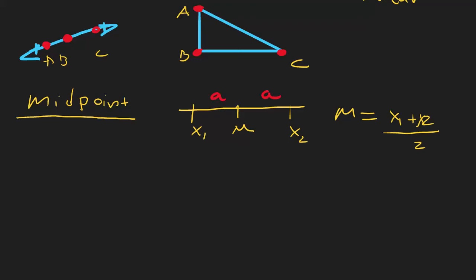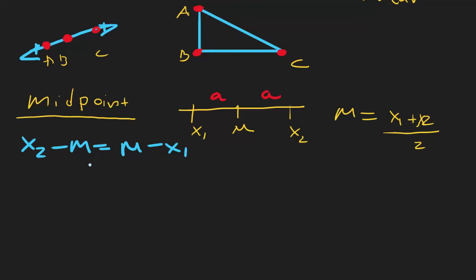I think you say that x2 minus the midpoint is equivalent to the midpoint minus x1, because you're going in the other direction. So there's our actual proof, in a sense, that we can solve for the midpoint using this method too, because we know that they're equidistant, right?